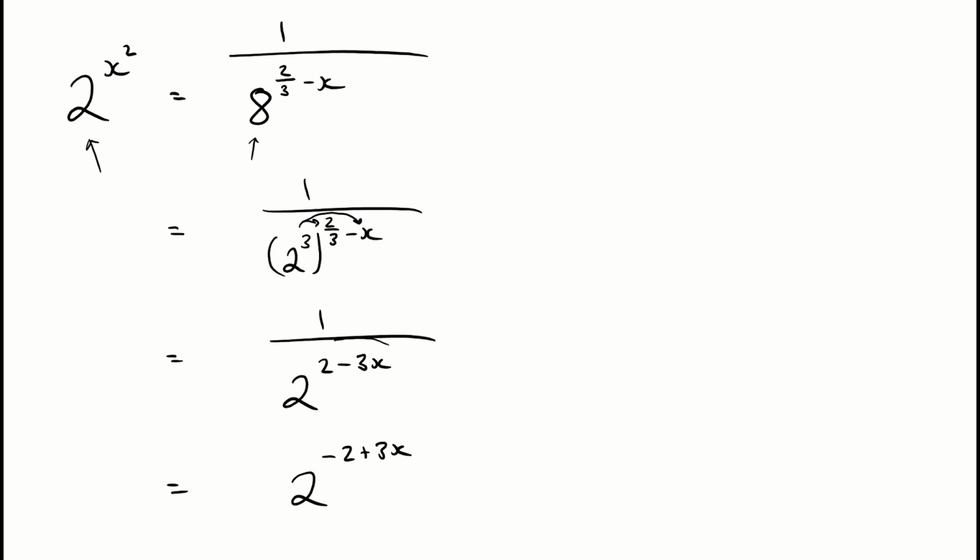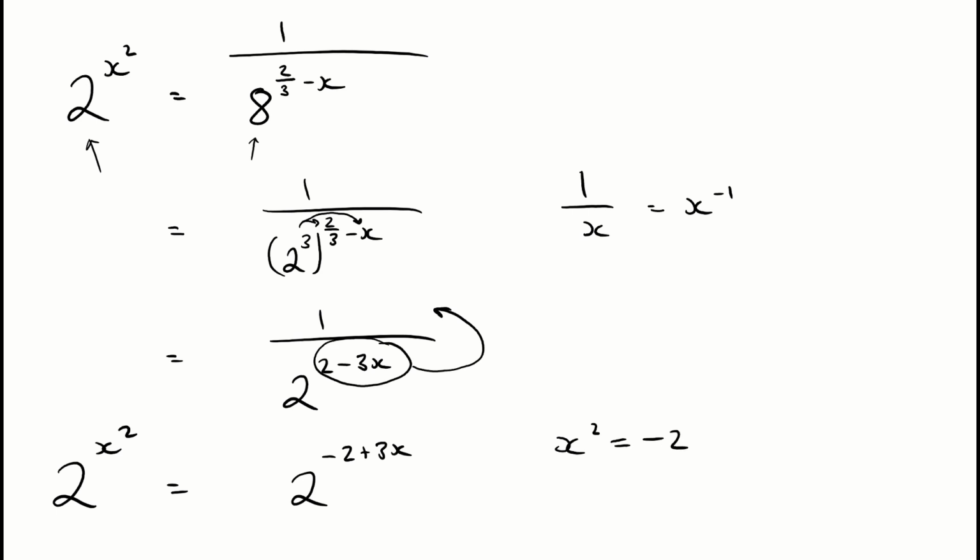So I take the negative of this and bring it up to my numerator, using the law that 1 over x can be written as x to the negative 1. And this has to be equal to 2 squared. So now I can compare my indices. I need x squared to be equal to negative 2 plus 3x.